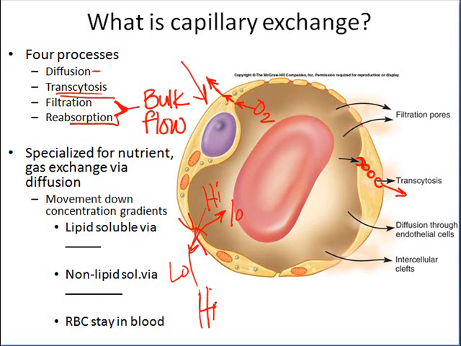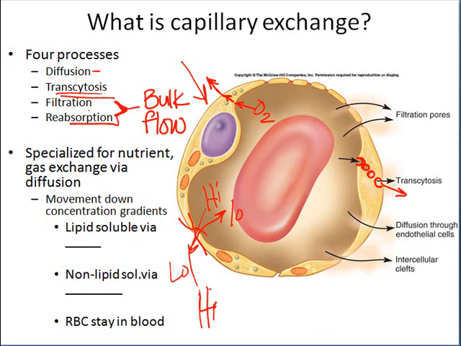And usually this is because I've got some sort of fluid pressure, and in this case, for example, it could be the pressure of the blood itself is literally forcing molecules out of the capillary and into the surrounding tissue via bulk flow.